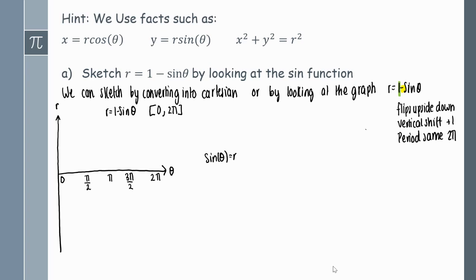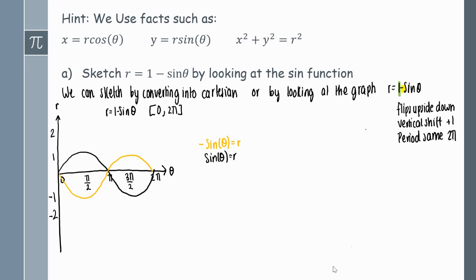If I graphed a normal sine function, so sine theta equals r, my function will look something like this. Okay, now let's graph minus sine theta. That will just look like the flipped version across the horizontal axis.